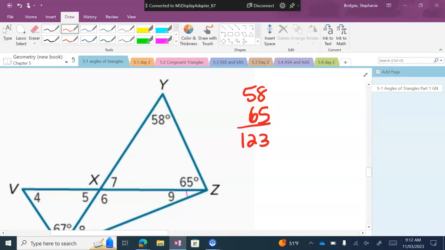And then to find angle 7, I'm going to take that away from 180. Yeah, 57. So angle 7 is 57 degrees.